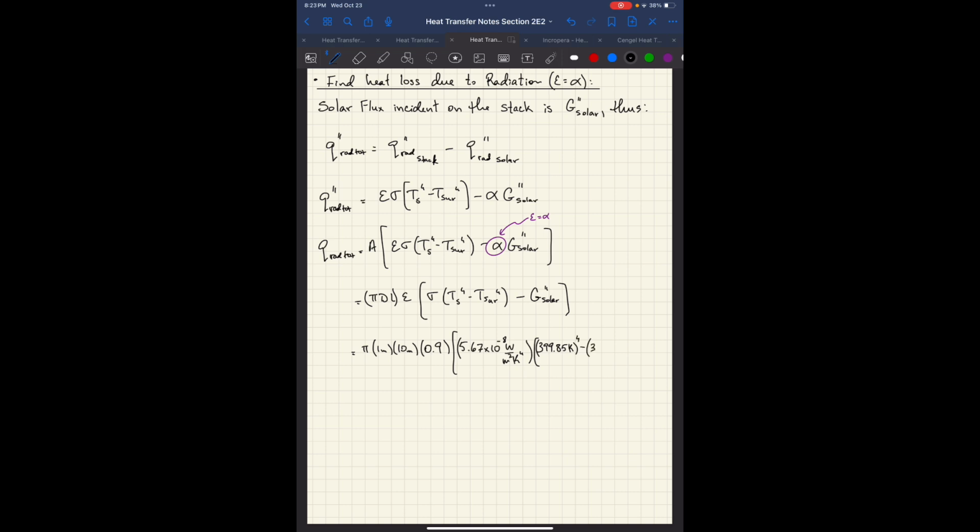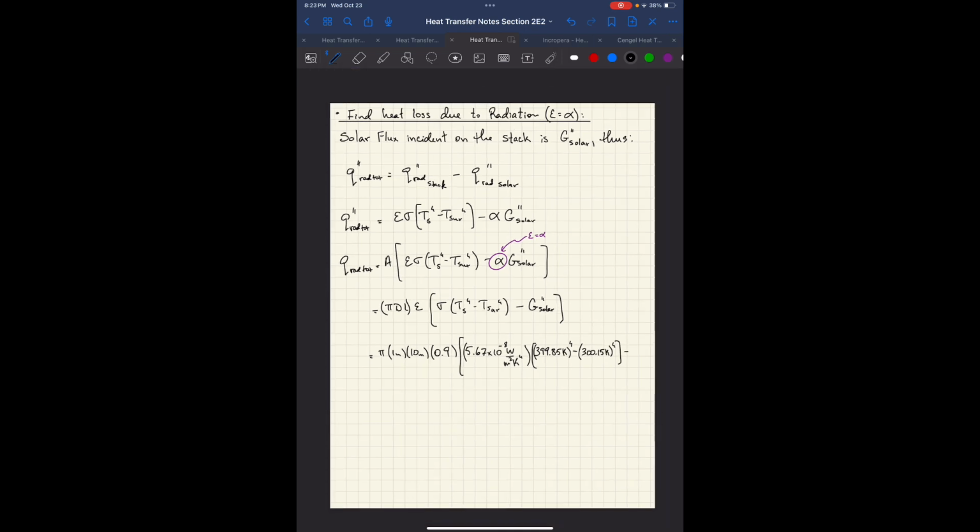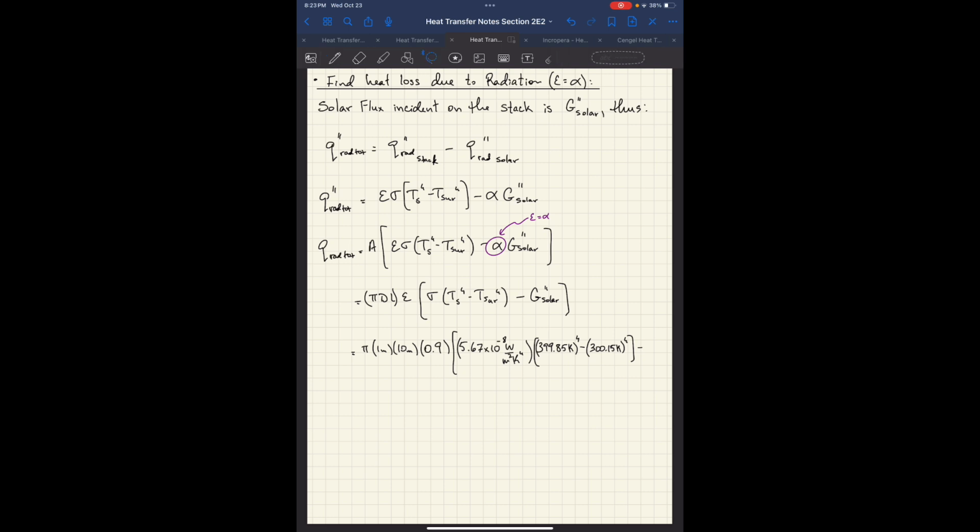Then T_surrounding was 300.15 Kelvin. And G solar, we need to squeeze it in here a little bit. I will use my resizing trick. So this should be 1400 watts per meter squared.